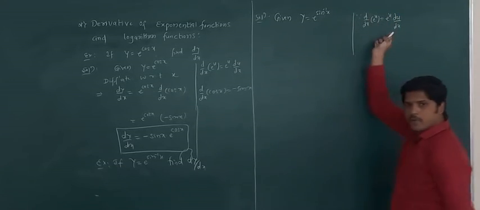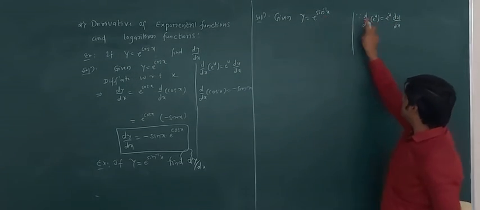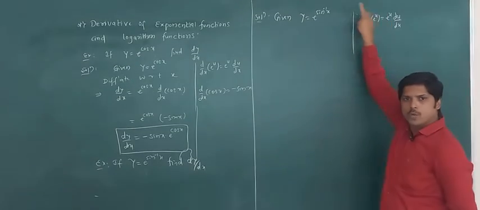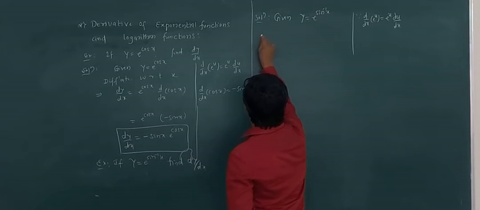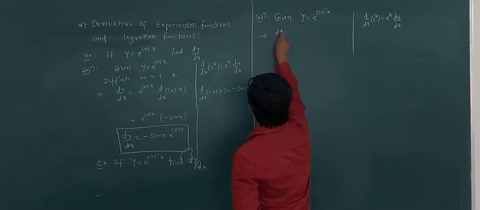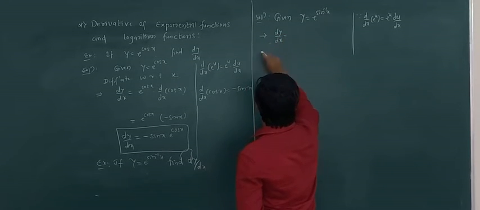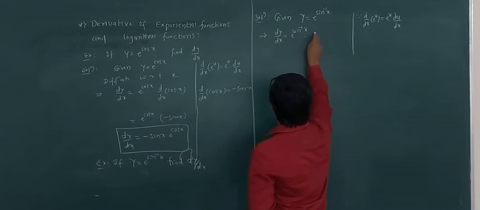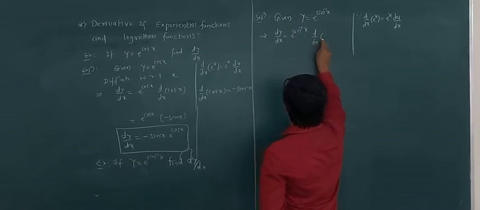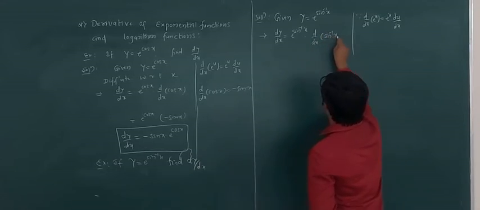Here comparing these two equations, e to the power sin inverse x and e to the power u, we have u equal to sin inverse x. So differentiate with respect to x, we get dy by dx is equal to e to the power sin inverse x into d by dx of sin inverse x.